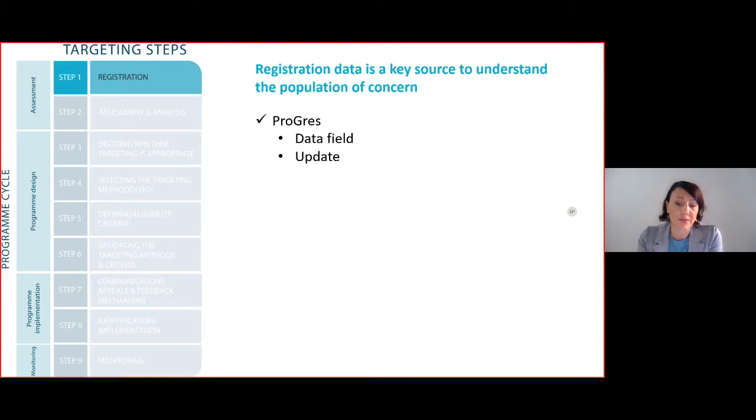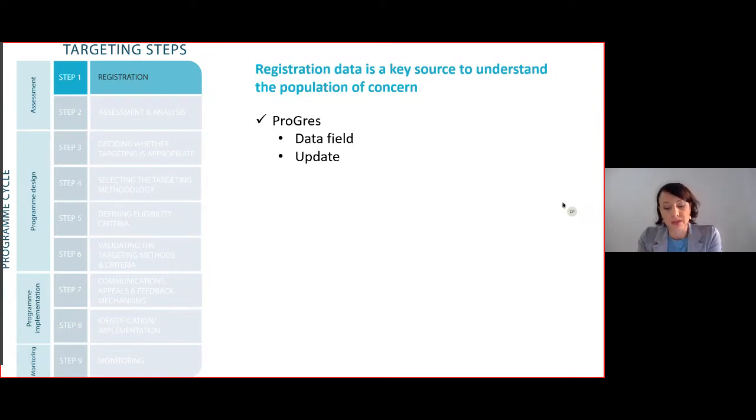The registration database is updated on a regular basis, and there are 2 ways that it can be updated: one is ongoing registration, but also with ad hoc verification exercises.